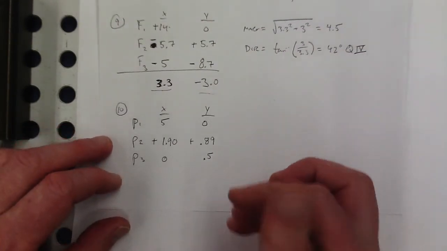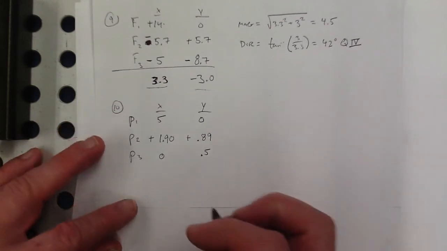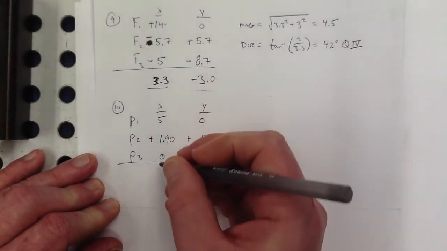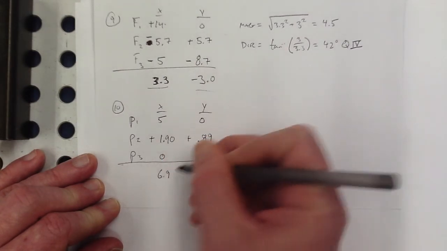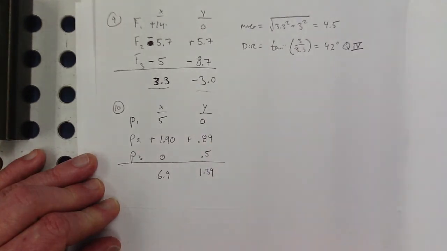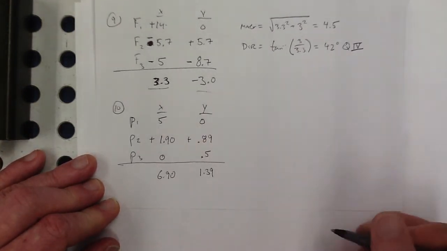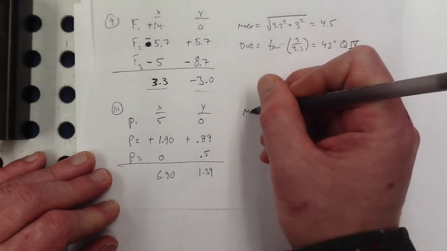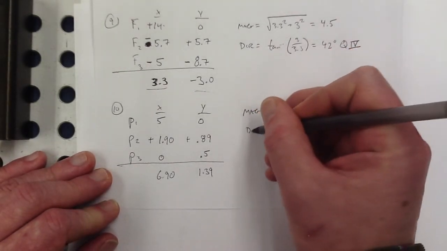Not supposed to do that. You're supposed to get it in 1 or 2. So the sums are 6.9 and 1.39, and those are both positive, so we want the magnitude and the direction.